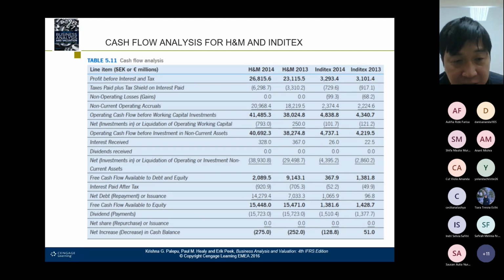So dividend payments 15,723. So we get minus 275. Okay, so here compared to the previous year, 252. So this year more, okay, more negative cash flow.